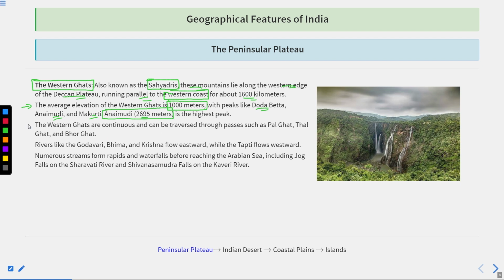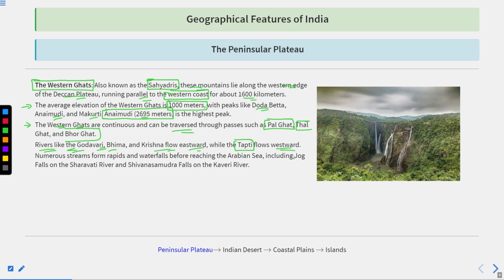2,695 meters. Thereafter, the Western Ghats are continuous and can be traversed through passes such as Palghat, Thalghat, and Bhorghat. Rivers like Godavari, Bhima, and Krishna flow eastward, while the Tapti, like I have told you, Narmada and Tapti, are the only two well-known rivers of the Indian subcontinent that flow westward.